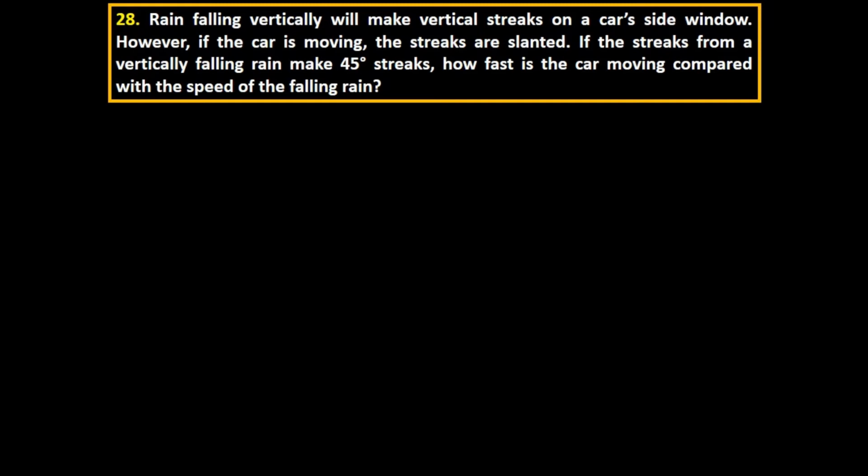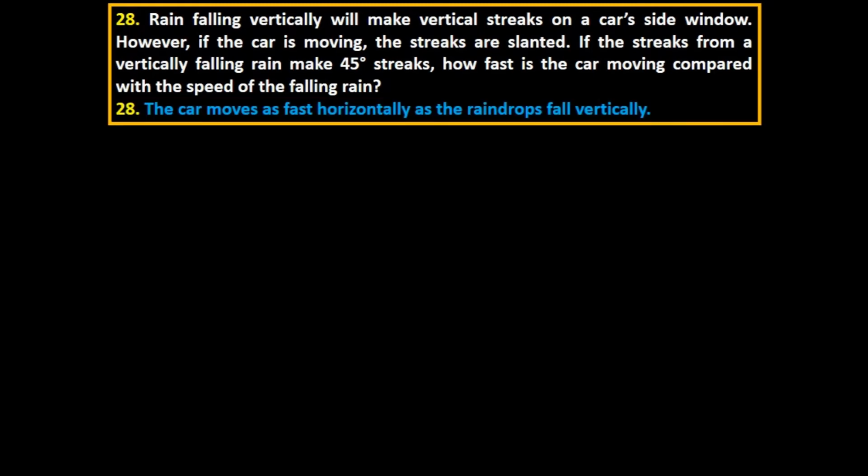Rain falling vertically will make vertical streaks on a car's side window. However, if the car is moving, the streaks are slanted. If the streaks from vertically falling rain make 45-degree streaks, how fast is the car moving compared with the speed of the falling rain?